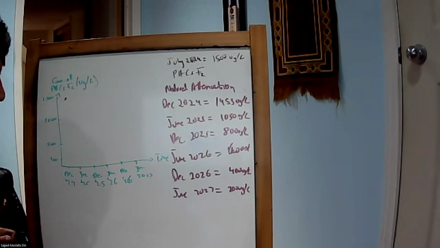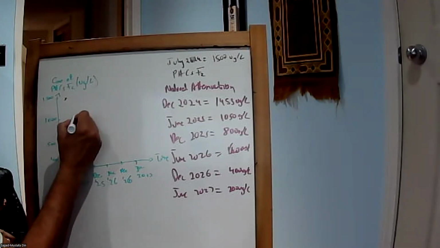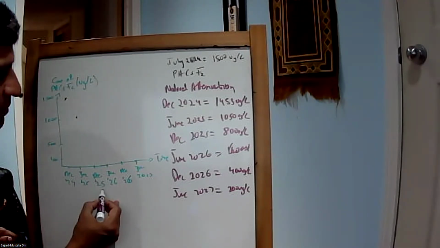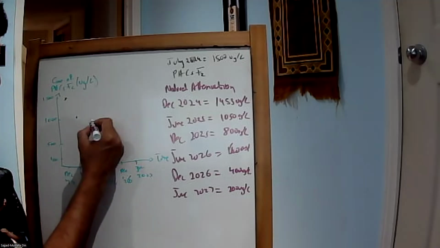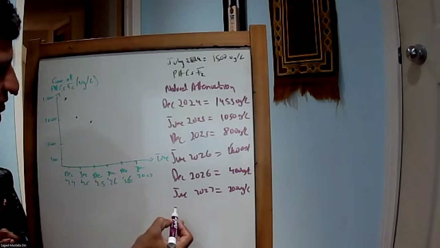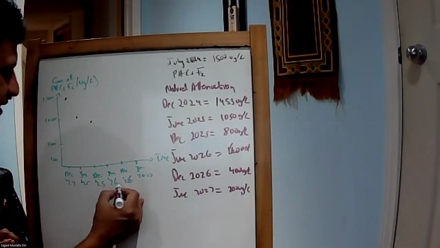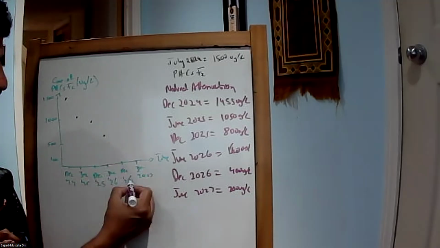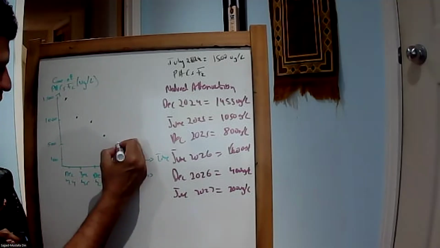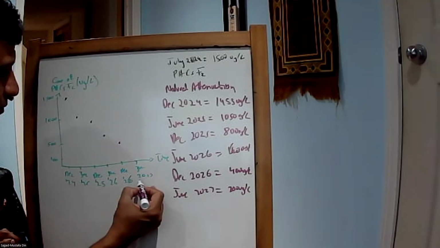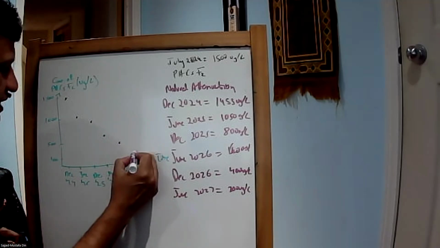June 2025, it's 1,050, so that's going to be over here. December 2025, it's 800, so there it's a reducing trend, which looks good. June 2026, it's 600. December 2026, 400. June 2027 is down to 200.